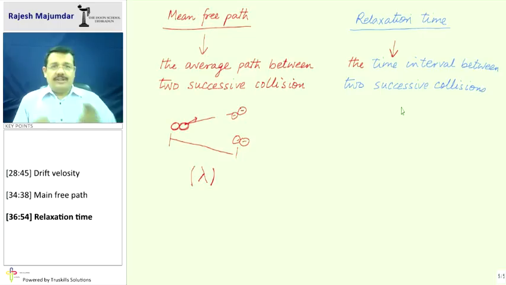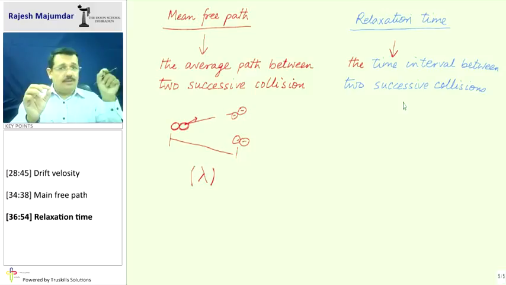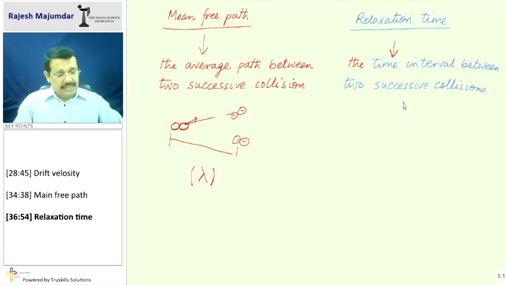So the total time, or rather the average time taken in between two successive collisions. So one collision starts here, over, then another collision starts here, over. So what is the time taken in between two successive collisions? That is called relaxation time, and it is indicated by tau.